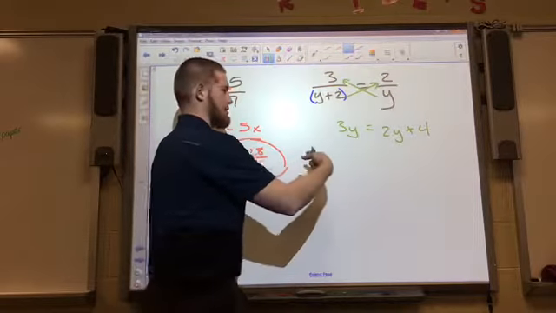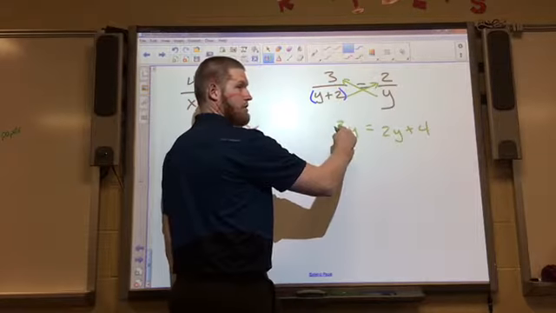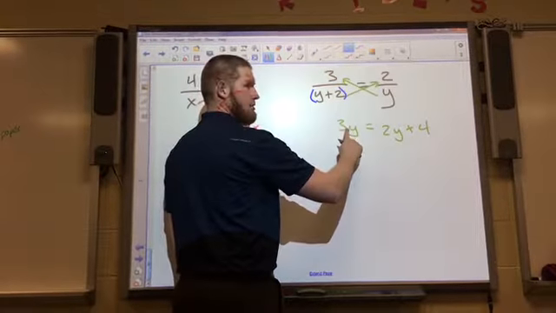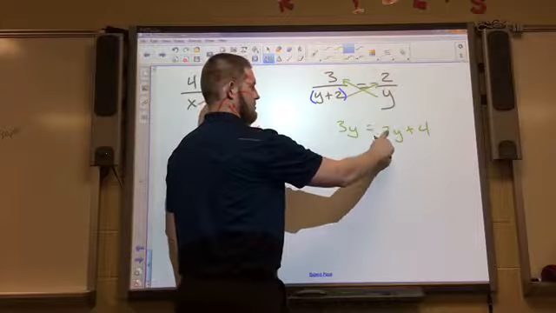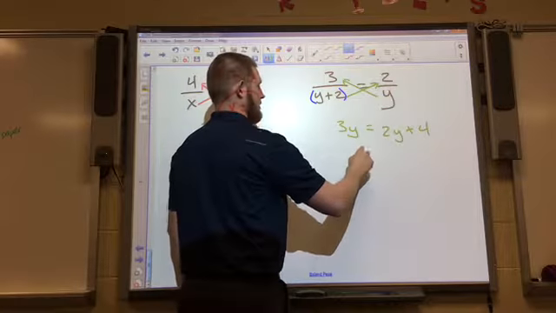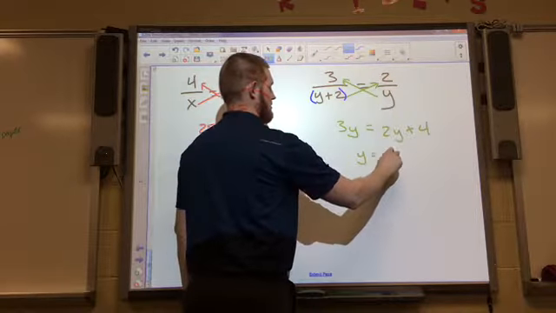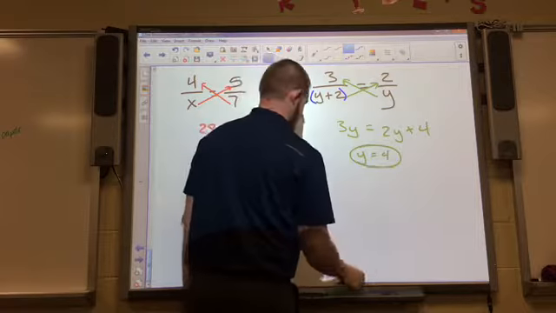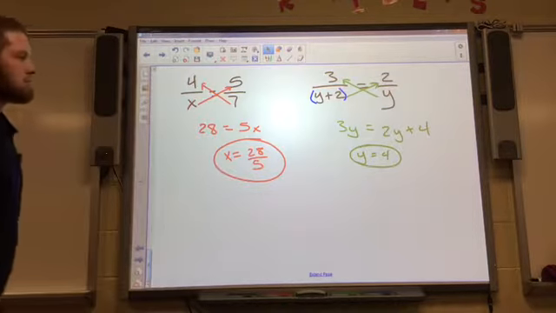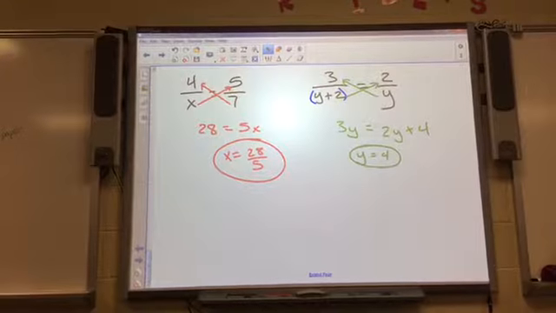Okay, get the y's on the same side, so I need to move this over, right? So I take 3y. Careful, this is minus because I got to move it over. So I get y equals 4. Okay, just be careful. You're going to run across those. Make sure that you distribute that too.